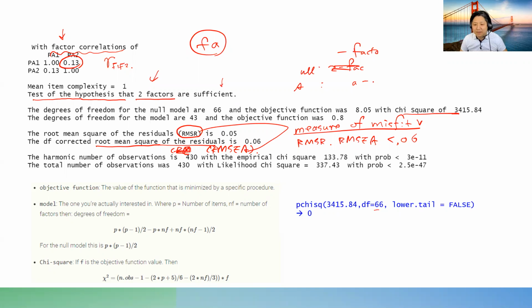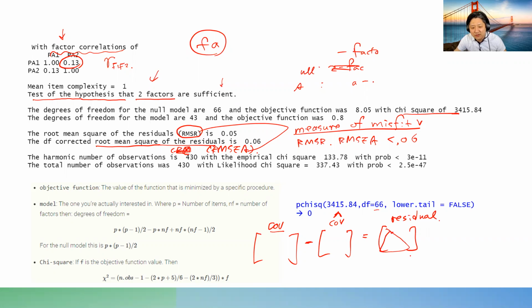The main idea is that we have an original covariance or correlation matrix, and then we estimate it using the data set. The difference between these two is the residual matrix, and the average of these residuals should be less than 0.05 or 0.06.